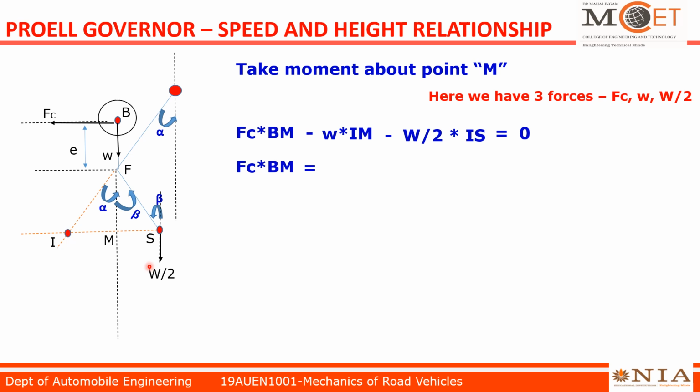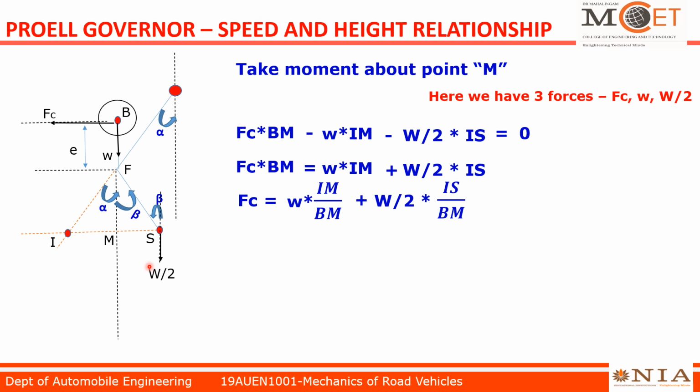Fc into Bm equal to, I just bring these minus forces to the right side to make it positive. So small w into Im plus caps W by 2 into Is. So that Fc equal to small w Im by Bm plus caps W by 2 into Is by Bm.